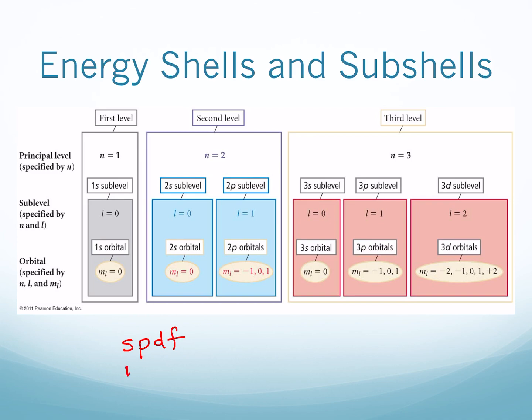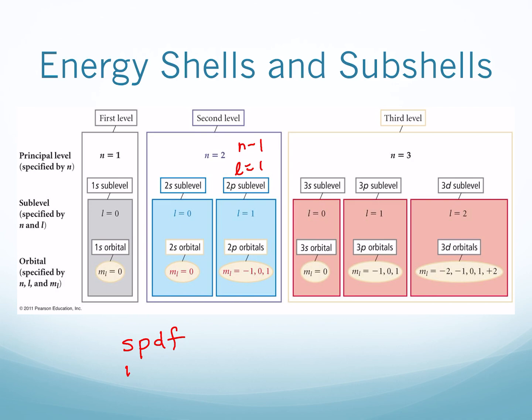For n equals 2, l is going to be n minus 1. So 2 minus 1 gets us 1. So we can have 1 and 0. Remember, it's always going to also include ones below that. So for l equals 0, we have m sub l, which is 0.